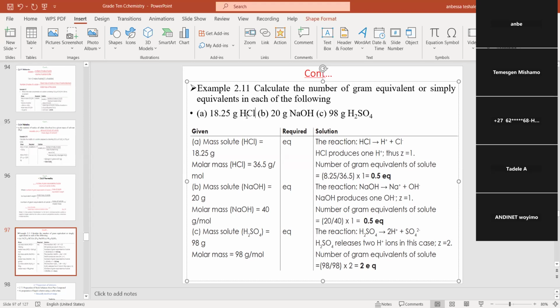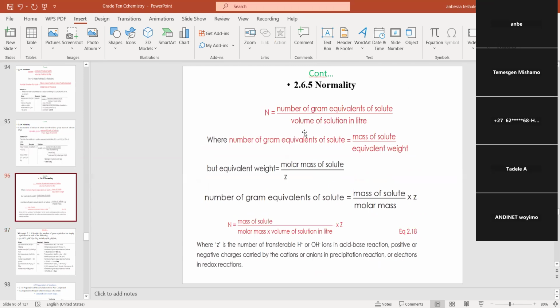So equivalent weight is molar mass divided by number of hydrogen. After we get the equivalent weight like this, mass of solute over equivalent weight gives the number of equivalent gram.